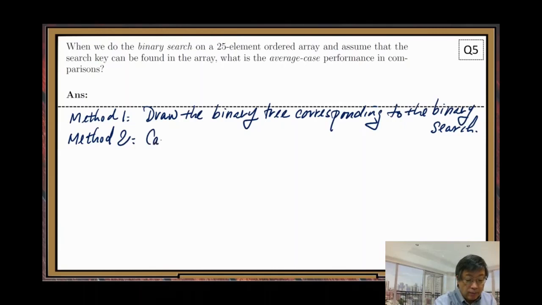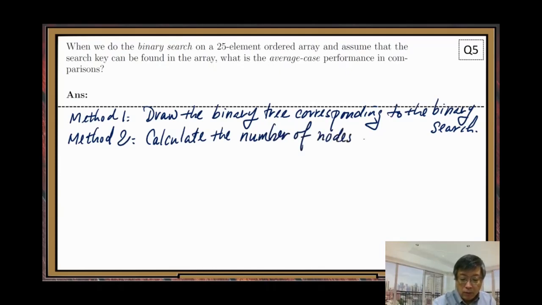Calculate the number of nodes at the bottom level. At the bottom level, all right? The same way we used in the previous question. Yeah, we can do that. Let's do the calculation.